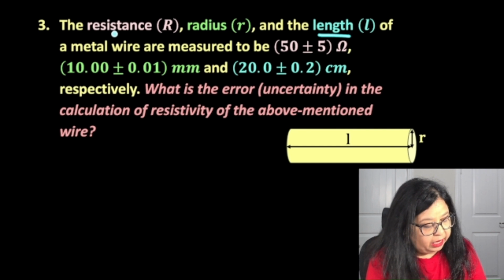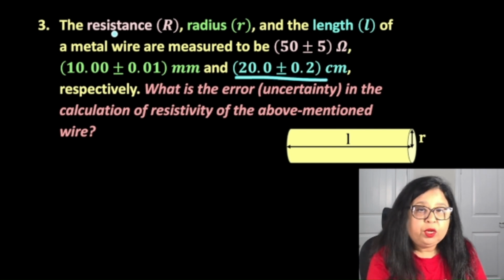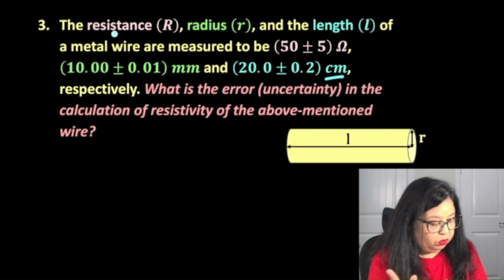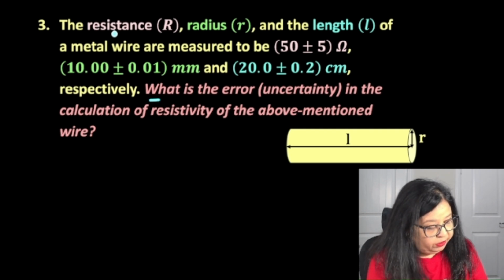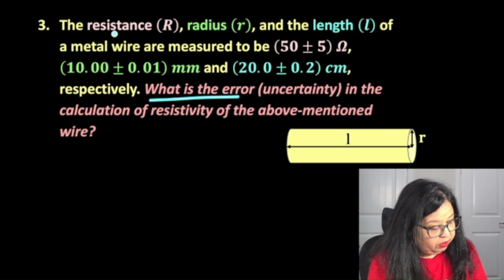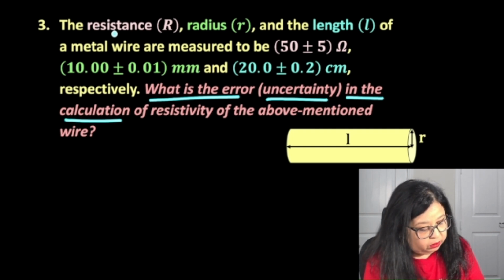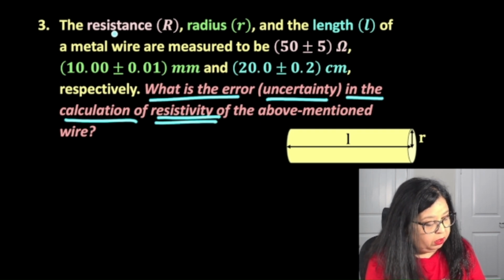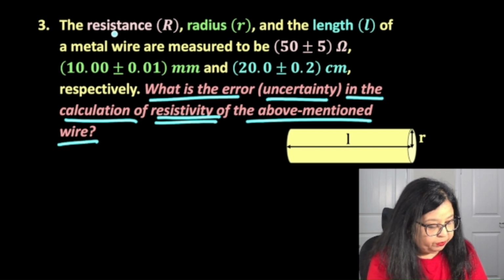And the length L of the wire is 20.0 plus minus 0.2 centimeters, respectively. What is the error or uncertainty in the calculation of resistivity of the above mentioned wire?